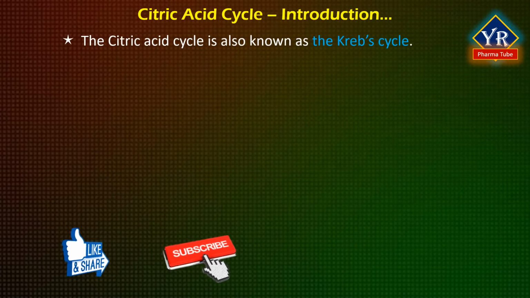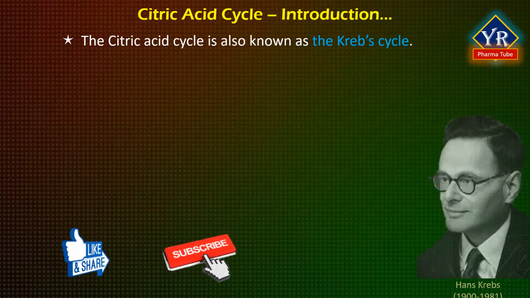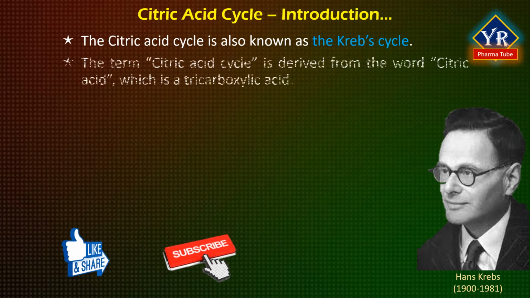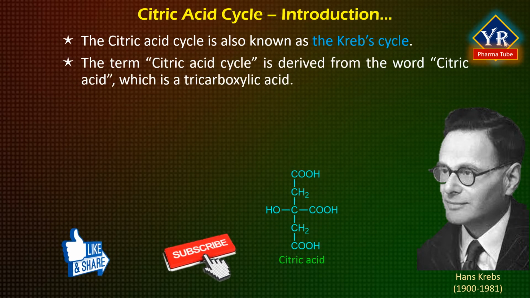The citric acid cycle is also known as the Krebs cycle, which is named after the German chemist Hans Krebs, who worked out the details of the reactions involved in the cycle. The term citric acid cycle is derived from citric acid, which is a tricarboxylic acid.